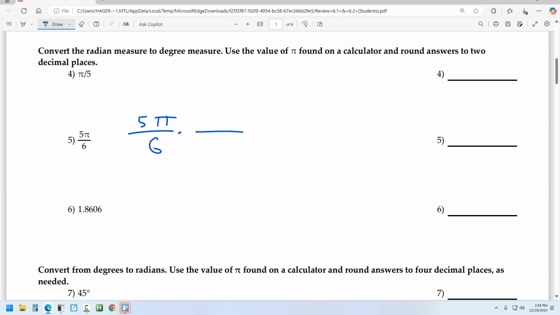So we want to cancel out the top part. So where would radians go in the fraction on the right? The bottom. Yep, radians goes in the bottom, and then what unit would go in the top?